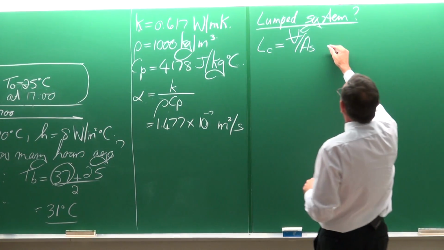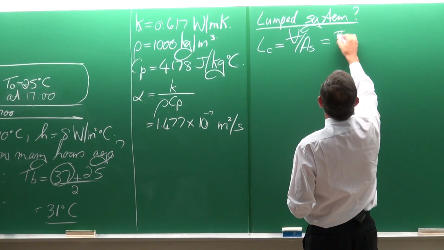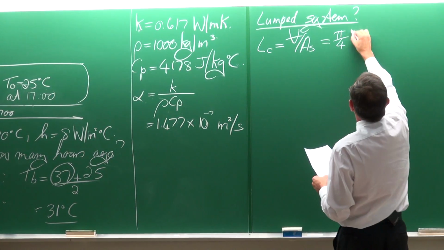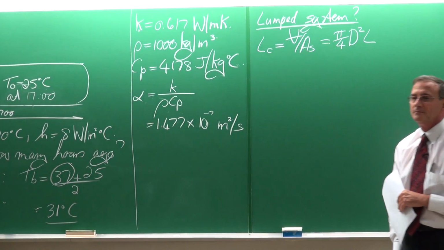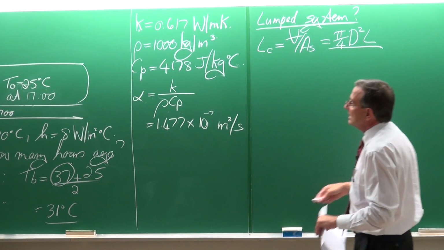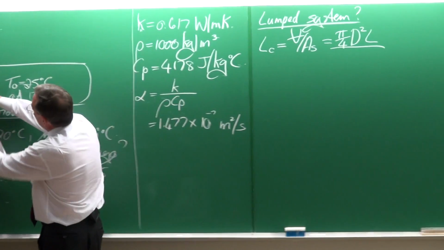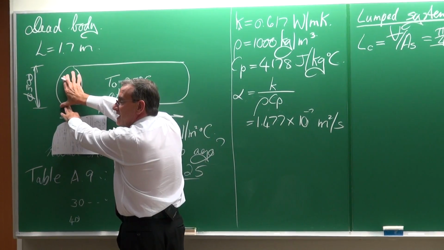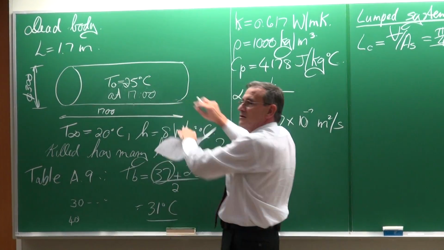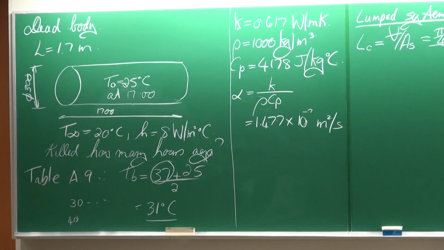Okay. Now the volume of the body is equal to pi divided by 4 multiplied by the diameter squared multiplied by the length. The volume, pi divided by 4, d squared, would be that surface area, multiplied by the length, and that would give us the volume.